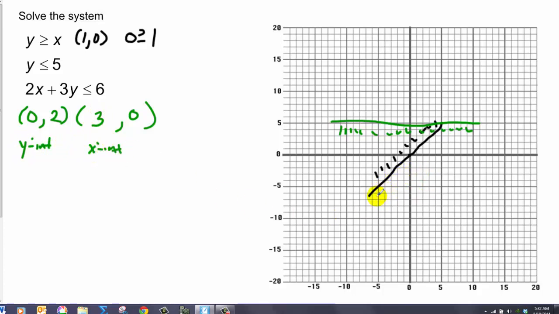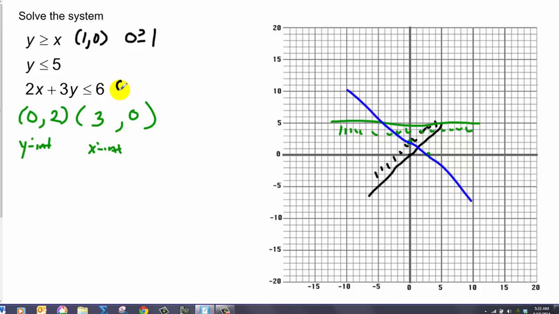Sometimes it just makes it a little quicker to go ahead and approximate values. So 0, 2 is right around here, 3, 0 is down here. I'm going to go ahead and connect those dots. And once again, pick a sample point of 0, 0.